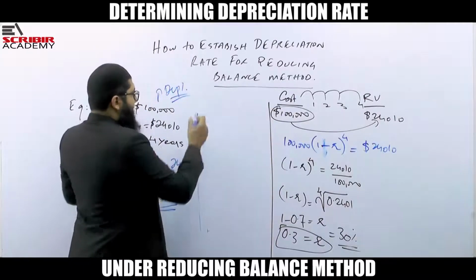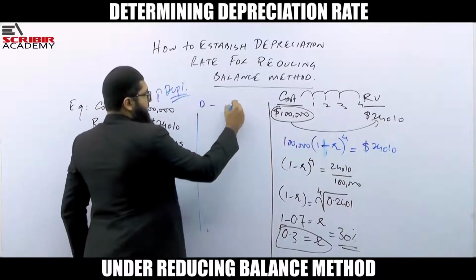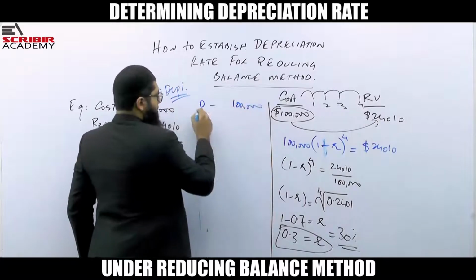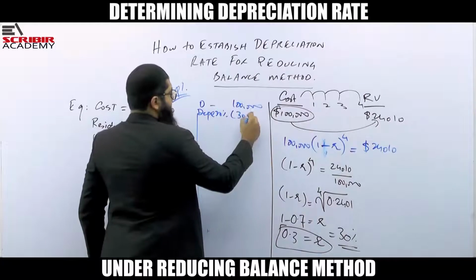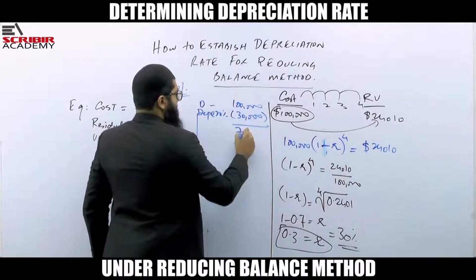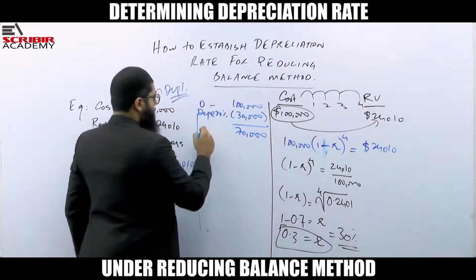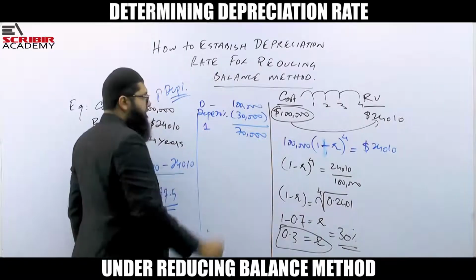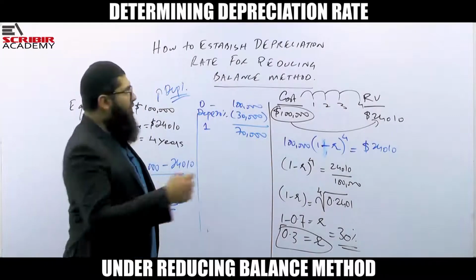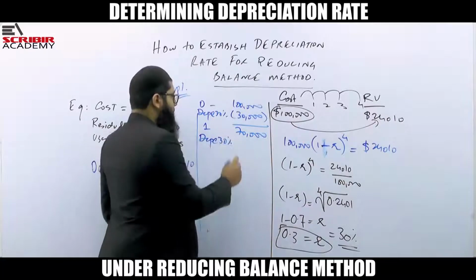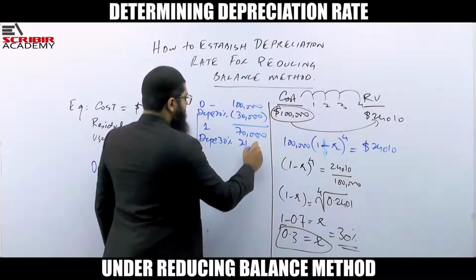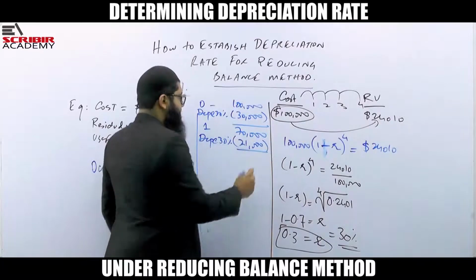The cost of the asset at time period 0 is 100,000. You depreciate it at 30%, so you end up getting 30,000. Resultingly, you are left with 70,000. This is at the end of year 1. Then you depreciate it again at 30%, and it's going to become 21,000.